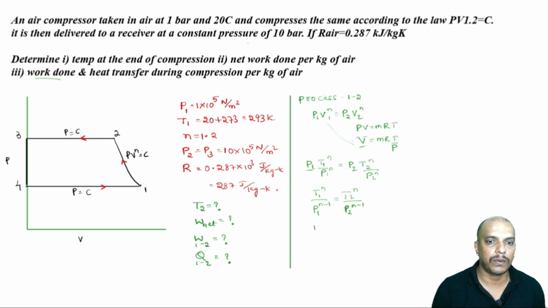So we can now write P2 by P1 whole power n minus 1 is equal to T2 by T1 whole power n. Or we can write T2 by T1 must be equal to this pressure ratio Rp power n minus 1 by n. So that is what we wanted to do.